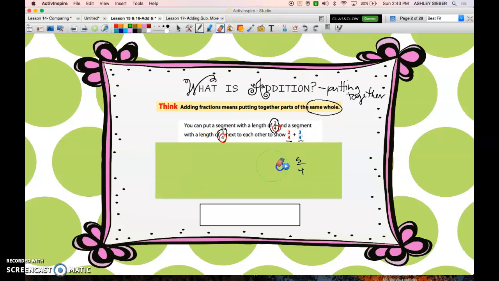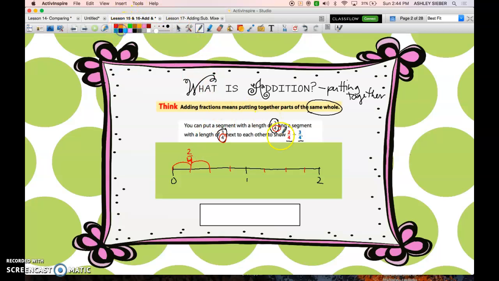I can also show this in a number line. I have a number line here. I'm going to start with 0, 1, 2 wholes. Each whole is going to be broken up into fourths. So I have 4 parts here and 4 parts here. And first I'm going to jump 2/4. 1/4, 2/4. So this part represents the 2/4.